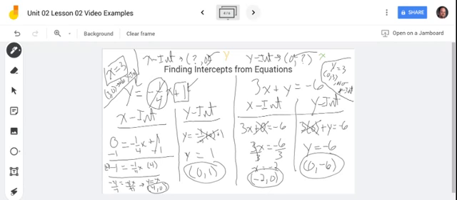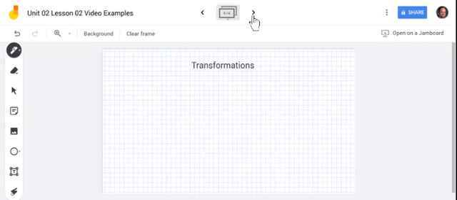Now the last thing we're going to talk about are transformations. You should have studied these in geometry, but we do use them a little bit in algebra when we get to shapes. With lines, there's only two transformations that we're going to care about. Only two for lines.